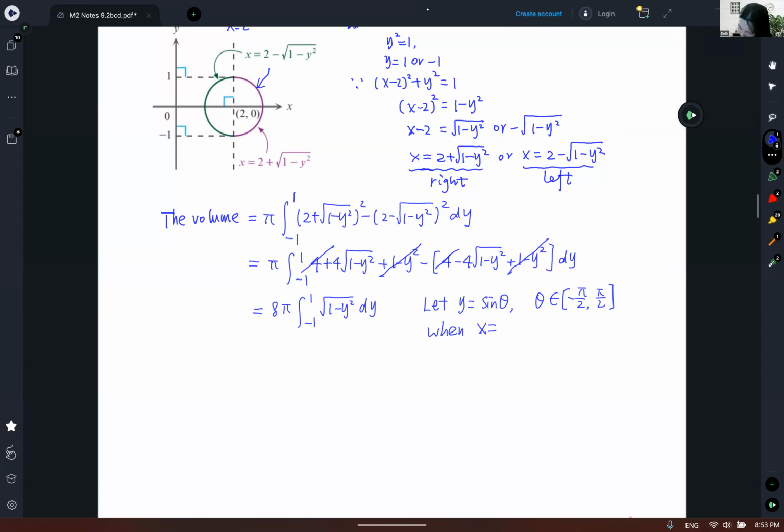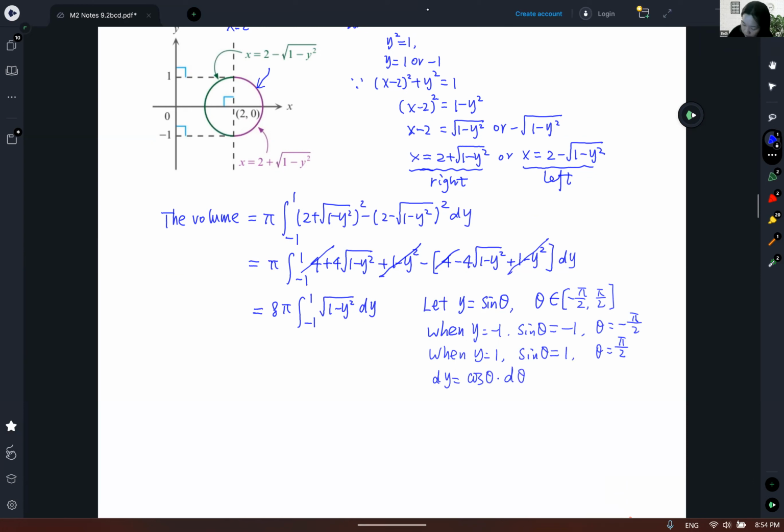When y equal negative 1, sine theta equal negative 1, theta equal negative 90 degrees, which is negative pi over 2. And when y equal 1, sine theta equal 1, theta equal positive 90 degrees, which is pi over 2. We also have the last one, that is dy equal cosine theta d theta.